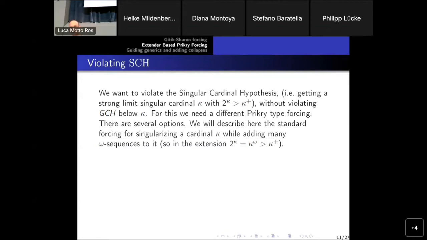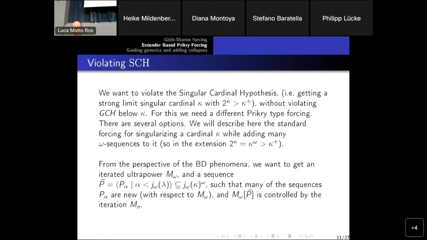We want to add many omega sequences to our cardinal kappa. So we are going to have some iteration, and I'm going to say in a moment what it's going to be. And I'm going to add, for each ordinal below some j omega of lambda, a sequence, some cofinal sequence in R.